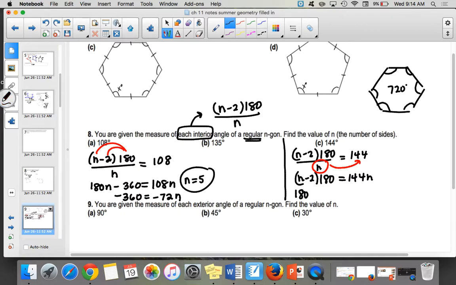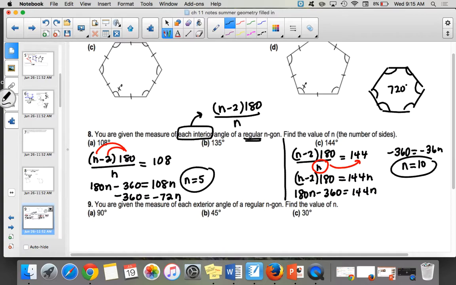Distribute that 180. Subtract the 180n over. So I get negative 360 equals negative 36n. And then divide. So I believe we get n equals 10 on that one. So it's a decagon then. Does that make sense how we set those up? So it's slightly different.